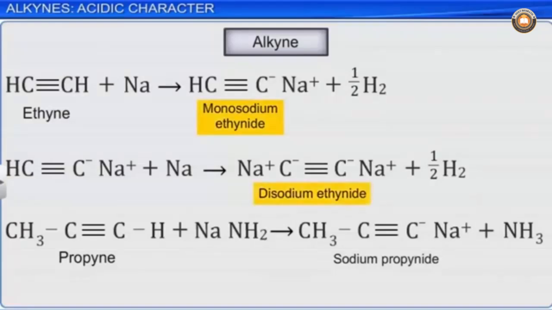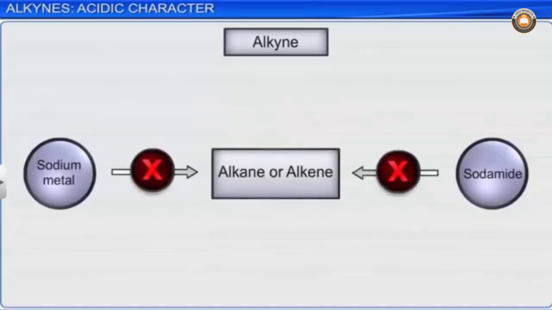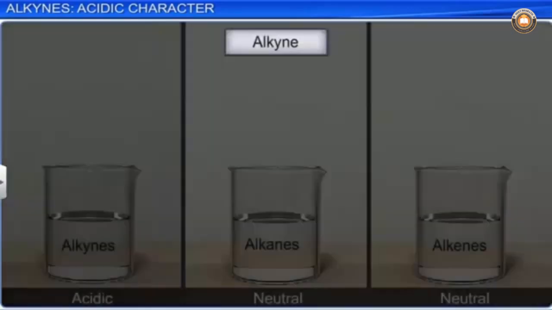Similarly, propyne, with one hydrogen atom attached to a triple bond carbon atom, on reaction with sodamide forms sodium propanide. Sodium metal and sodamide are strong bases and do not react with alkanes or alkenes, as they are not acidic. This shows that alkynes are more acidic in nature than alkanes and alkenes.